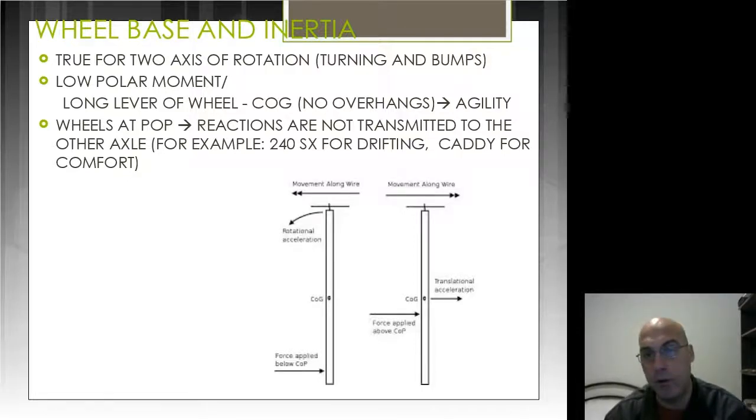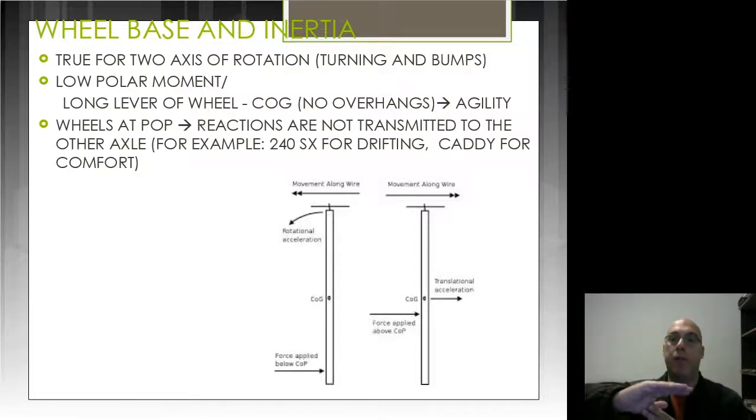This is very good for comfort, and it's also good if the rear wheels are at the rear point of percussion. There's a significant overhang, and the rear wheels are close to the point of percussion. This car is good for drifting because as the car slides and that slide stops, it will not transfer a reaction to the front wheels.